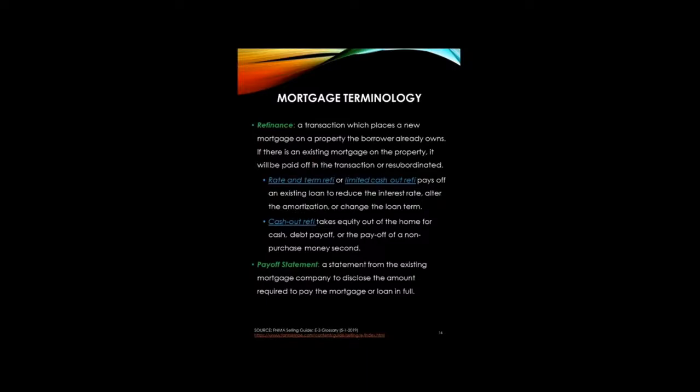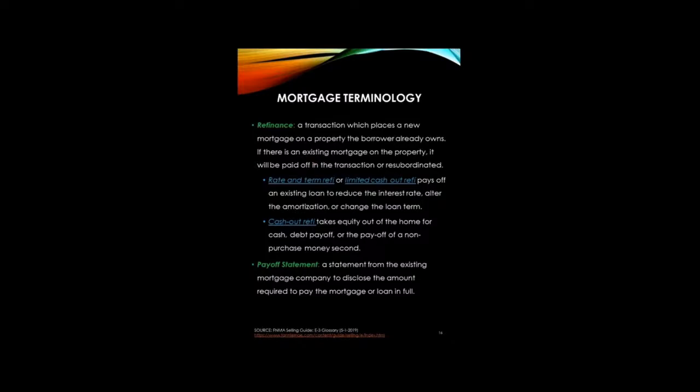Okay. You will have a payoff statement, and that's a statement from the existing mortgage company to disclose the amount that's owed to them and paid in full on what date and time. So you order a payoff when you're trying to do a refinance, and the payoff from the lender will tell you, you owe me $300,000 if you pay by September 20th, 2019.